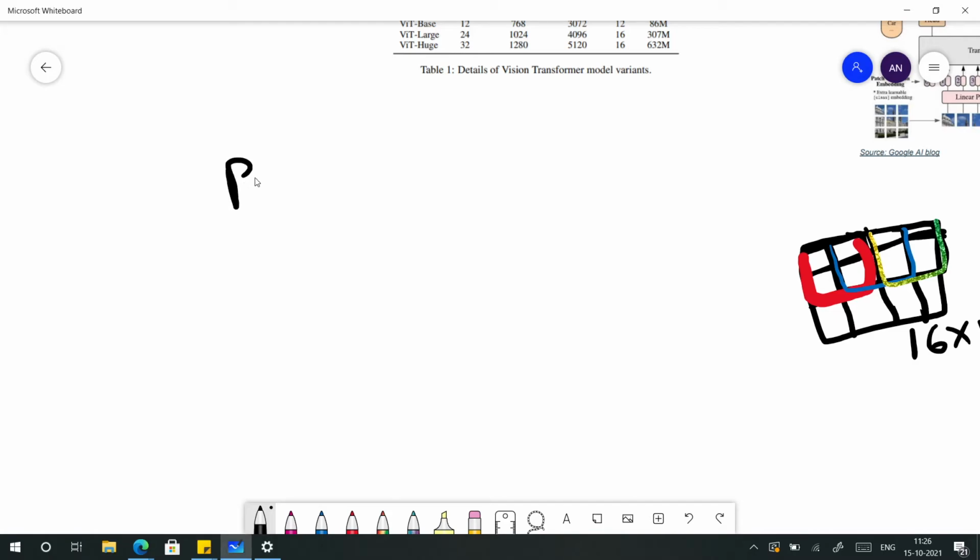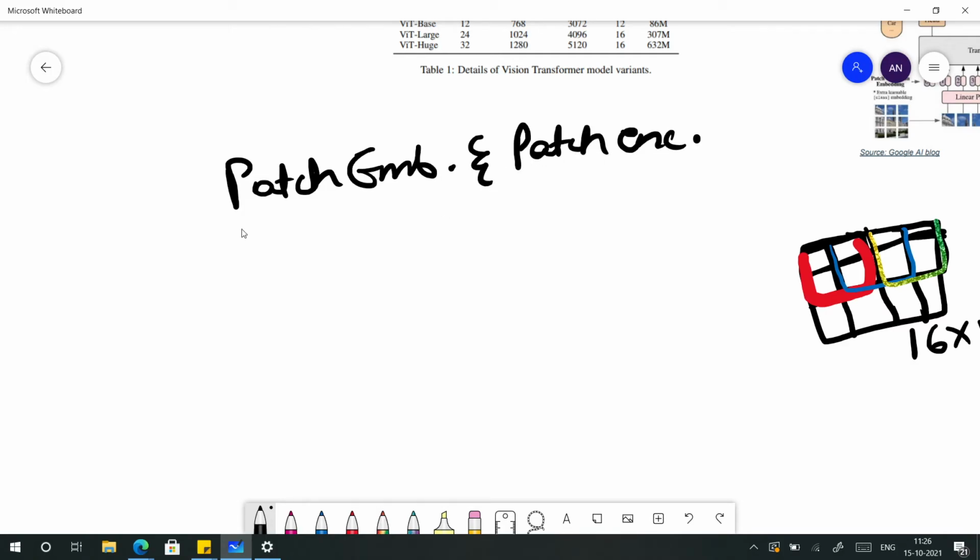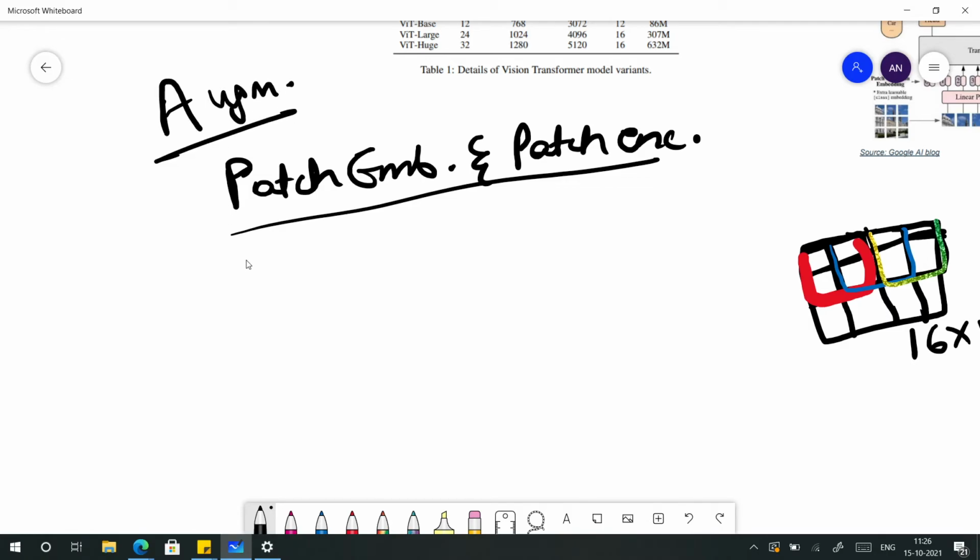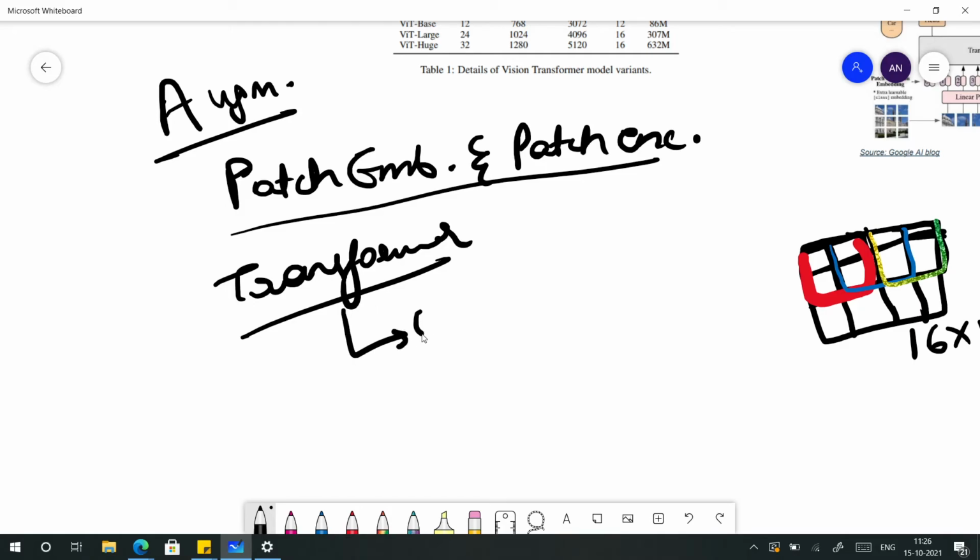First will be creating the patch embedding and patch encoding layers. We'll also be creating an augmentation layer. After that, we'll be creating our transformer layer, which consists of both encoder and decoder layers.